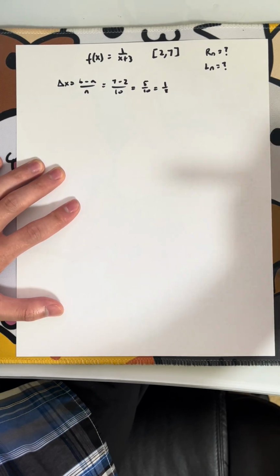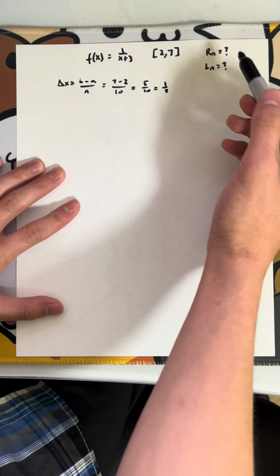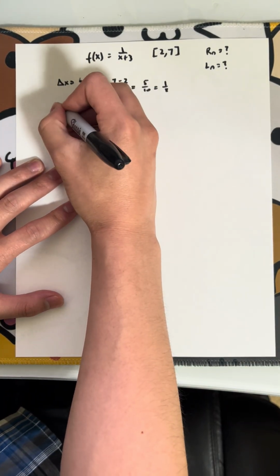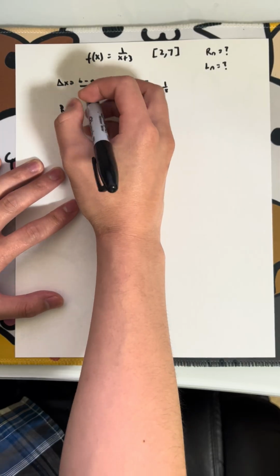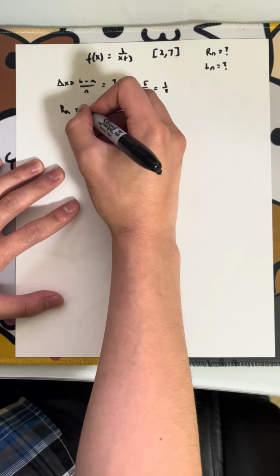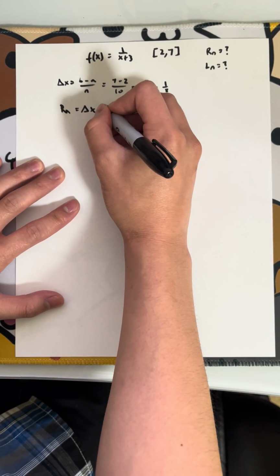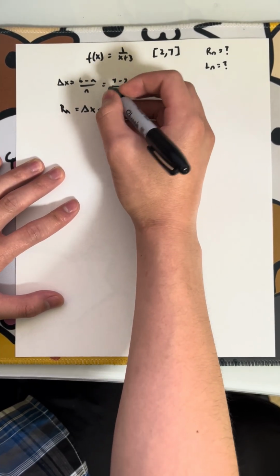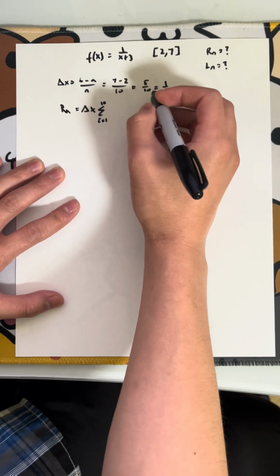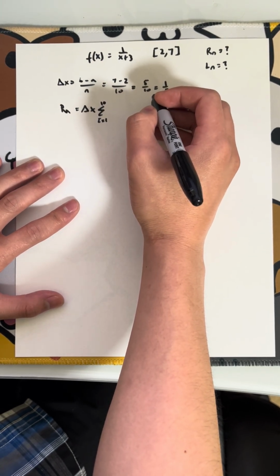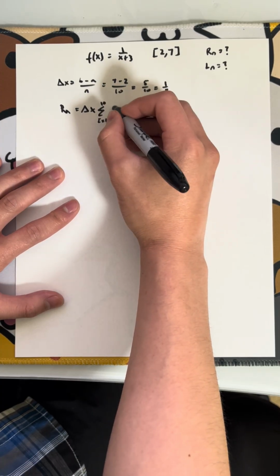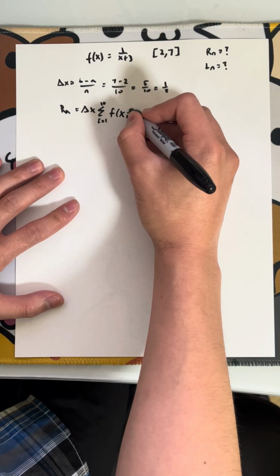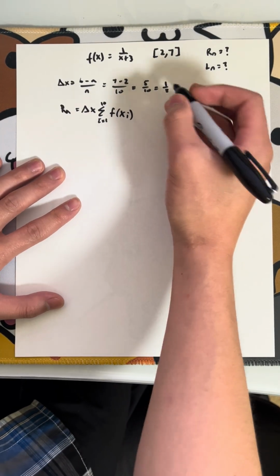And now what we want to do is find the right endpoint approximation, and we will use this equation. R equals delta x times the sum from i equals 1 to 10 of f of x i, where x i refers to the sample point.